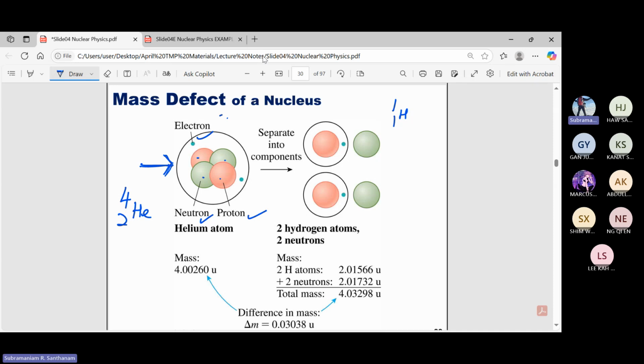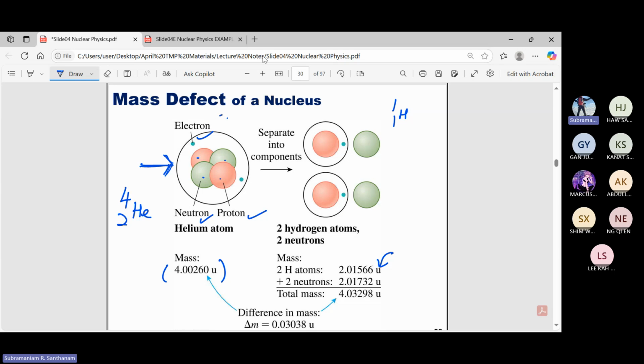Let's see here. When we take helium as a whole atom, the total mass of the helium atom was calculated as 4.02260 U. Then when we look at the mass of the nucleons separately, I have two hydrogen atoms, which is equivalent to 2.01566 U. I hope you remember the U value: the unified atomic mass unit is 1.66 times 10 to the power minus 27.